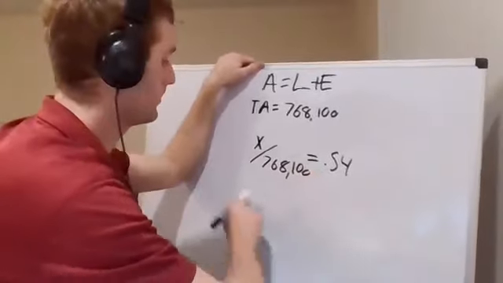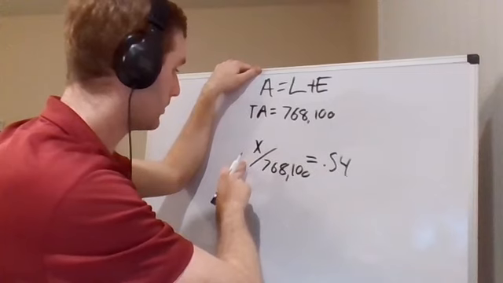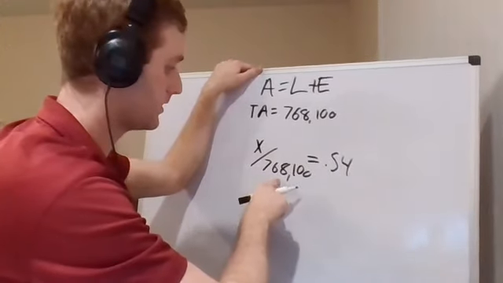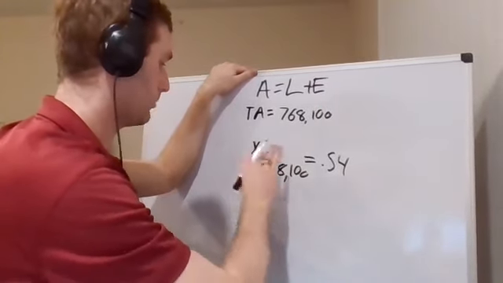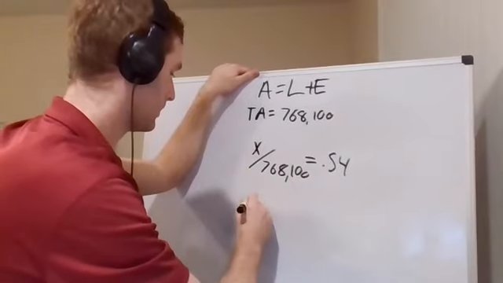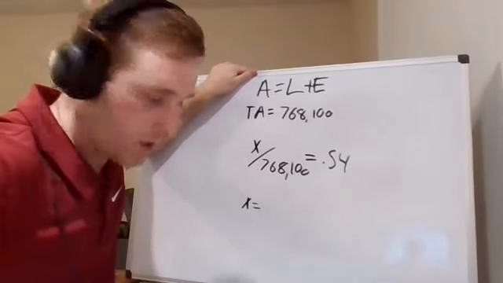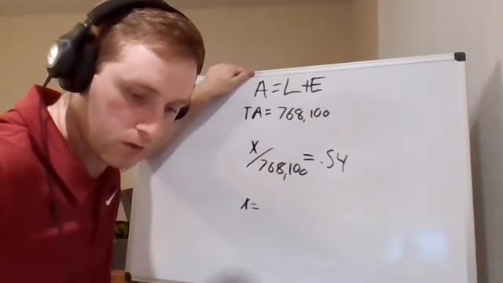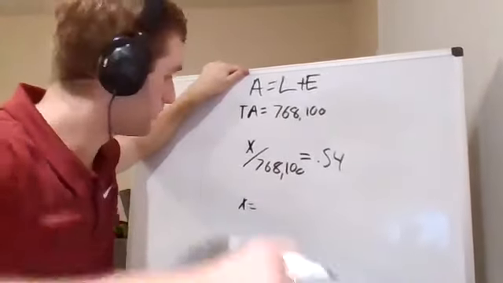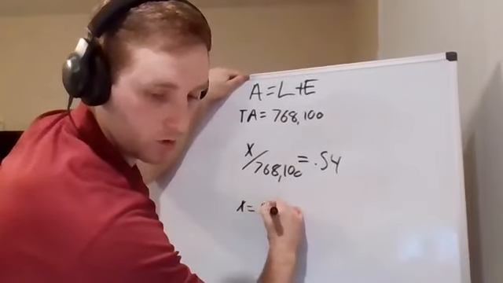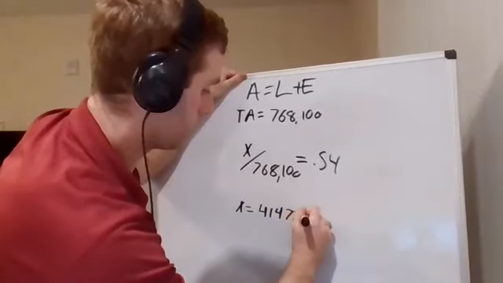So I have to use this to find X. In order to do that, I need to move this 768,100 by multiplying both sides by that number to get rid of it. So X equals 768,100 times 0.54, which equals 414,774.